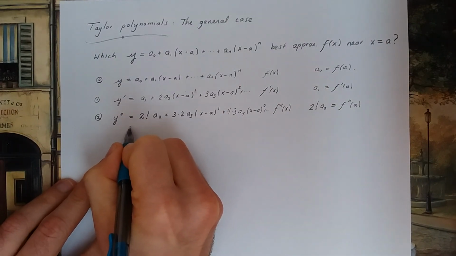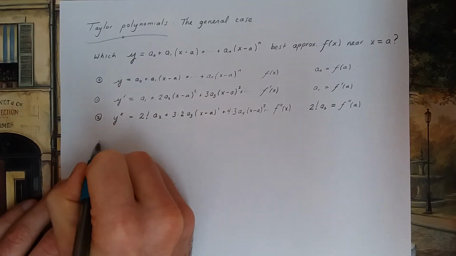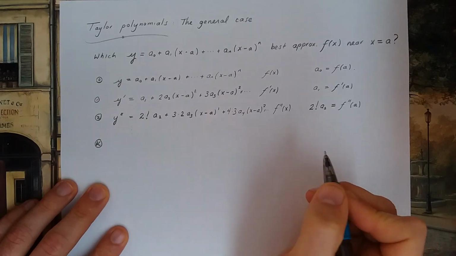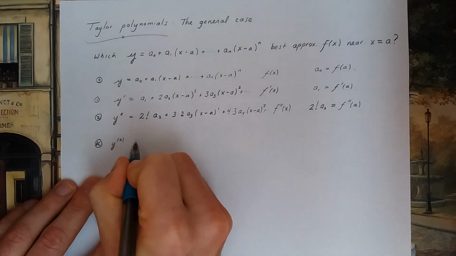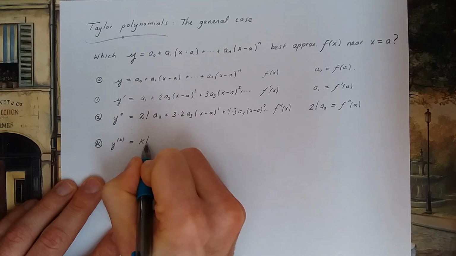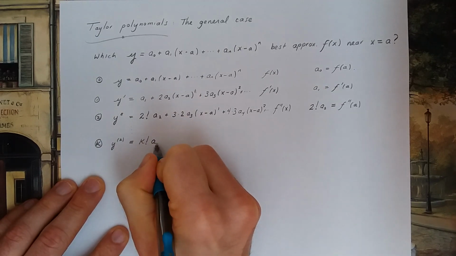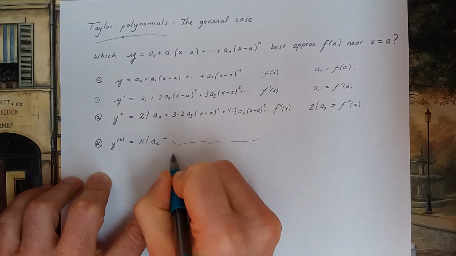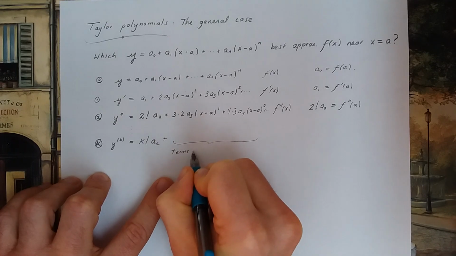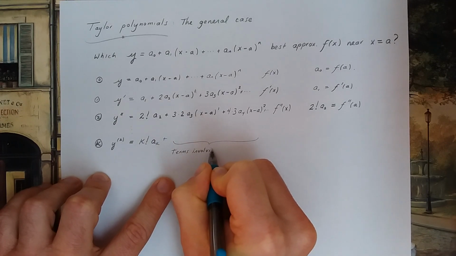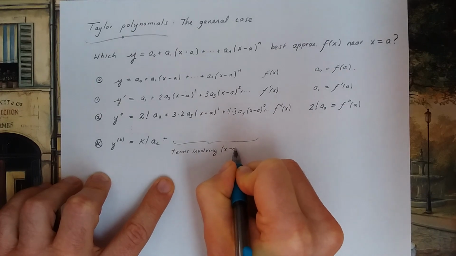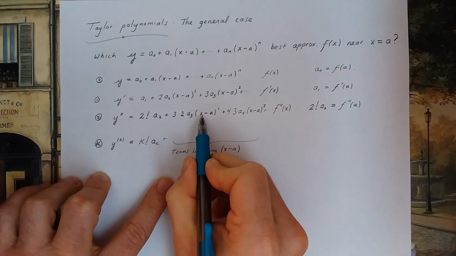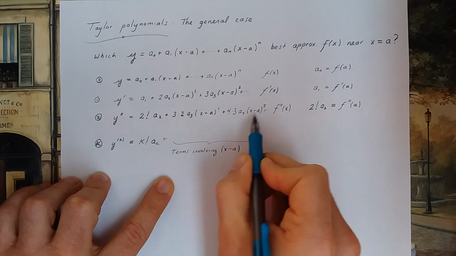So this pattern is going to continue until I get to the kth derivative. So the kth derivative is going to be k factorial ak plus more terms involving x minus a. So all of these remaining terms will have at least x minus a to the first power, if not higher, in them.